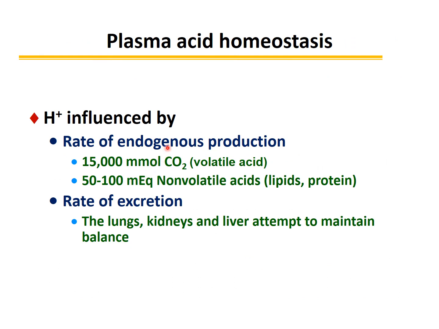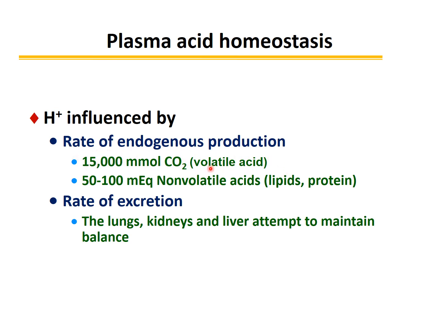Now, what is going to influence the hydrogen ion concentration in our body? We have a production rate, which is based on metabolic function. All cells use up, for example, burning carbon and producing carbon dioxide. This is the most common end product in our life.